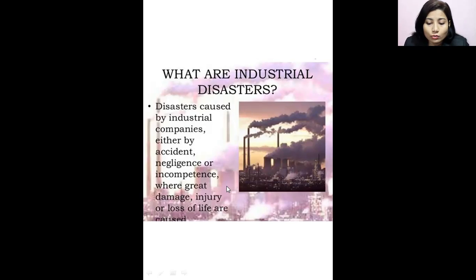Mostly human negligence is the reason, and also people who are irresponsible in handling tools and equipment. All this results in injuries to people and damage to property as well.